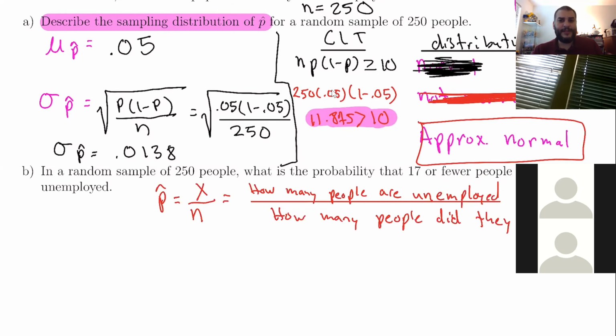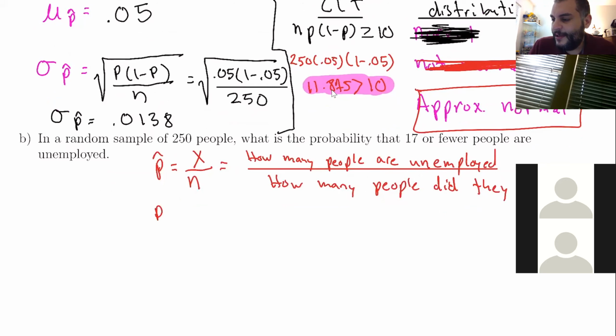If you look at the problem, they tell us 17 or fewer. So p hat will equal 17 divided by however many people they randomly selected, which is 250. Everybody good? 17 divided by 250. If you do that in your calculator, you get 0.068.